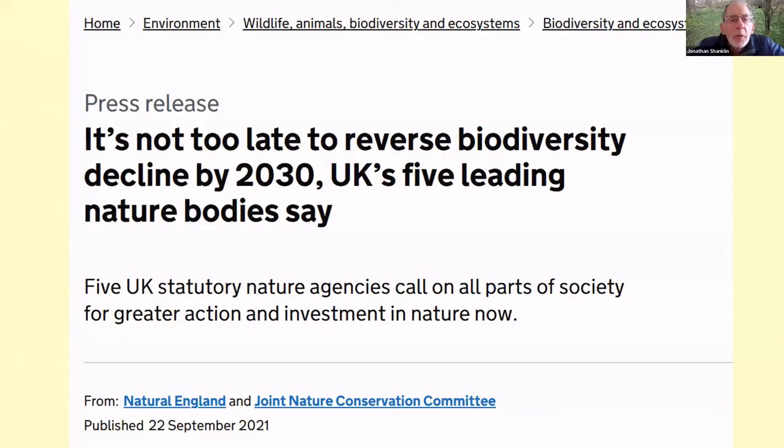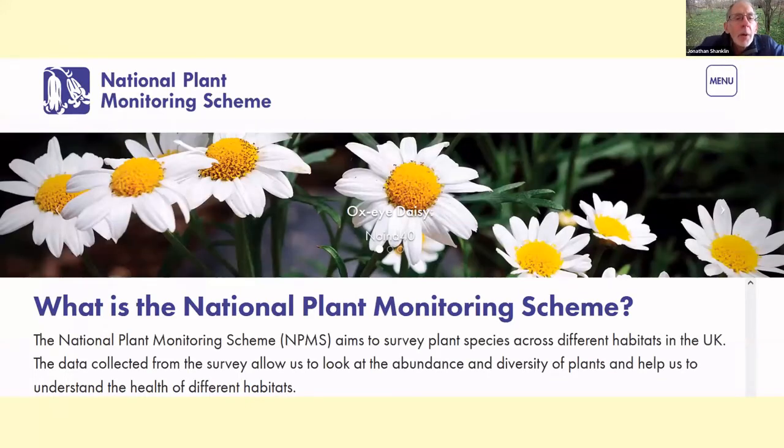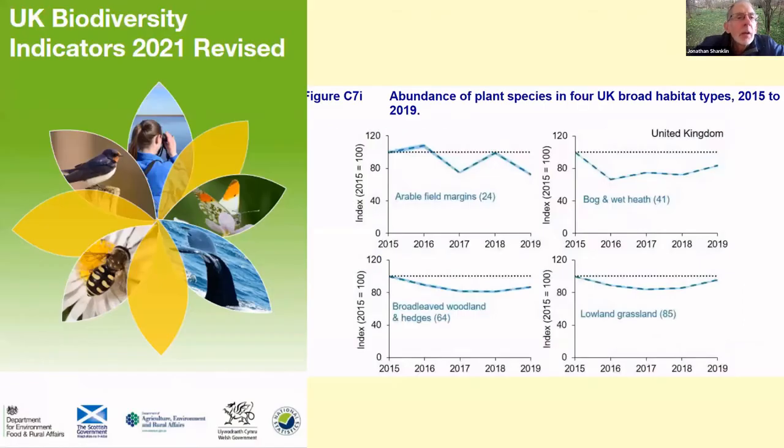And there is a commitment to reverse biodiversity decline by 2030, which is deemed to be possible but in part we need to know what we've got and what is actually declining. Now, in part, the National Plant Monitoring Scheme that Jim mentioned looks to achieve that. And some of the early results from this suggest that perhaps some habitats are actually improving.